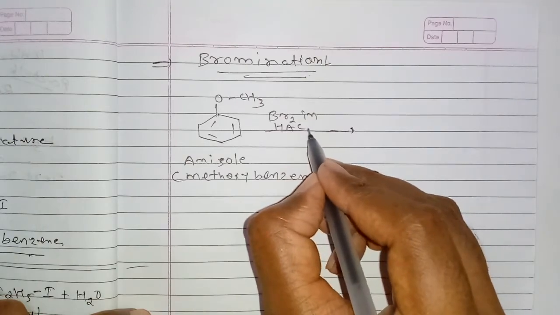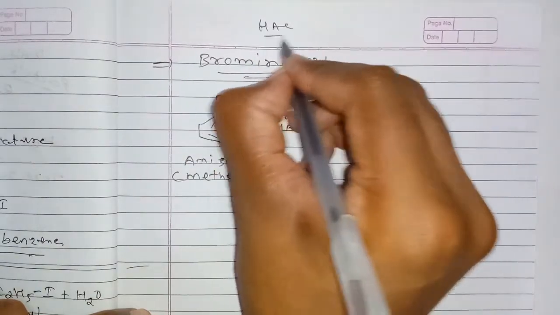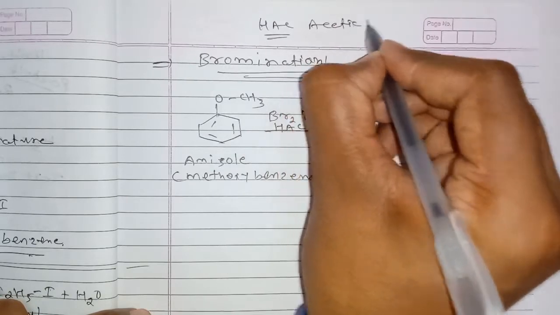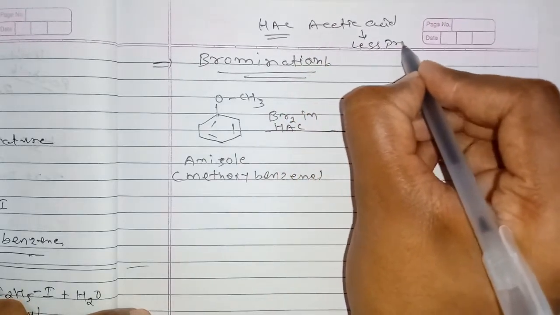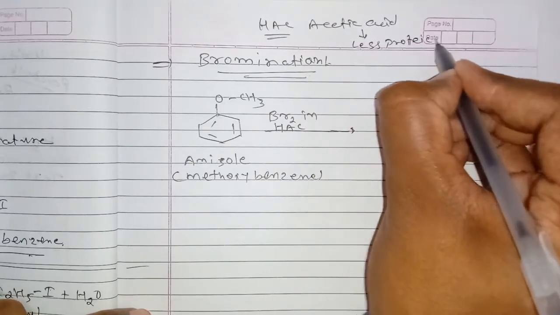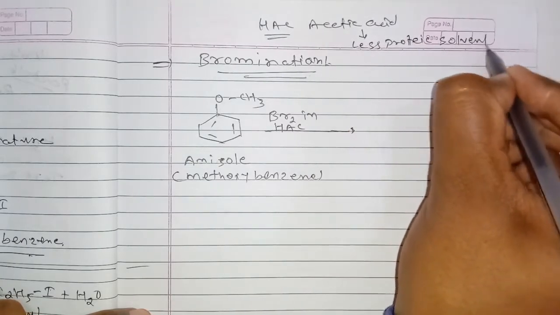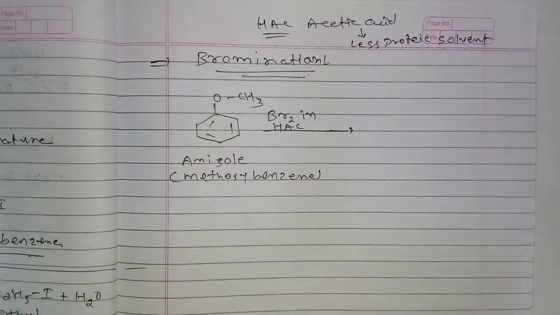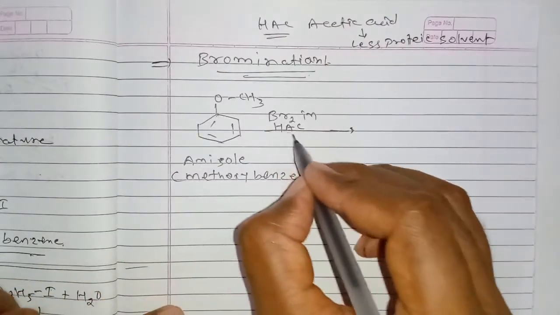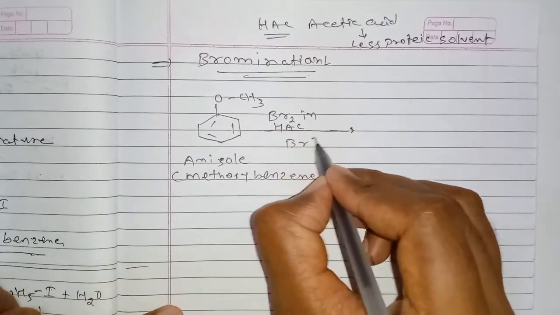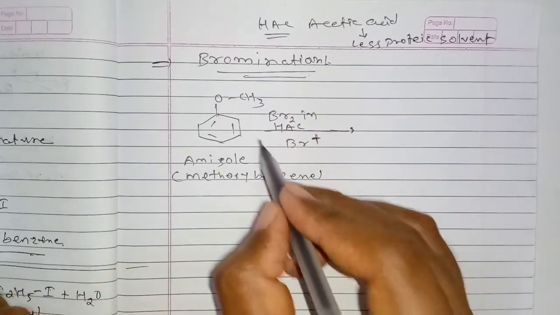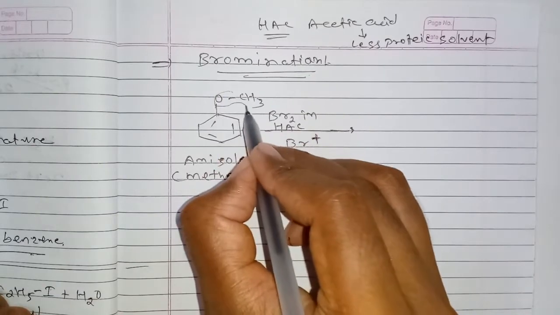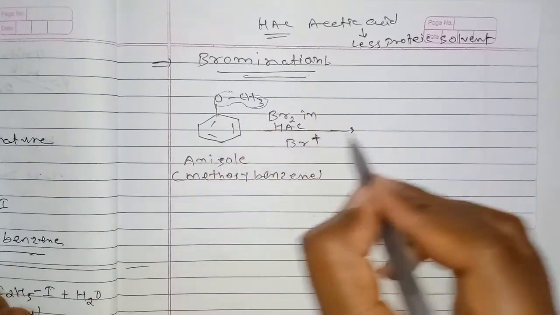This acetic acid is a less protic solvent. It forms a bromonium ion, and this methoxy group is an ortho para director.